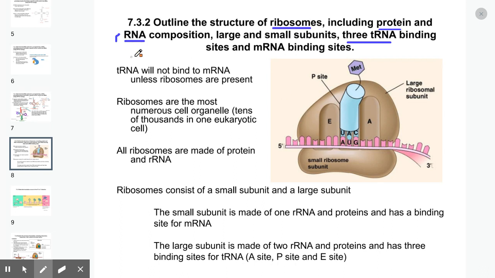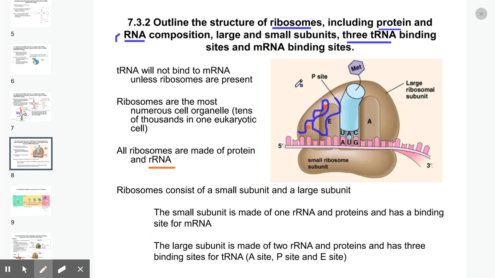The only difference here is that it has proteins mixed in here. So if I'm just going to draw some squigglies, pretend this is my single strand of messenger RNA. There are proteins embedded inside here that kind of hold it together. So it has this weird shape, similar to maybe what you would think of an enzyme, where it has that three-dimensional shape. So that's the rRNA part of it with the proteins.